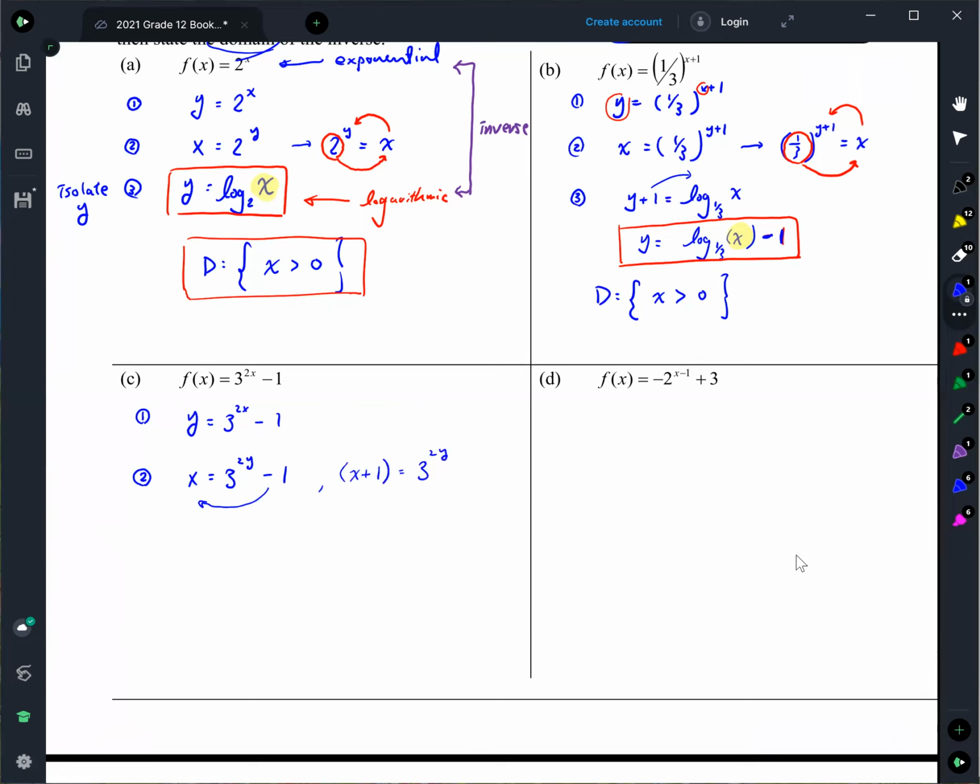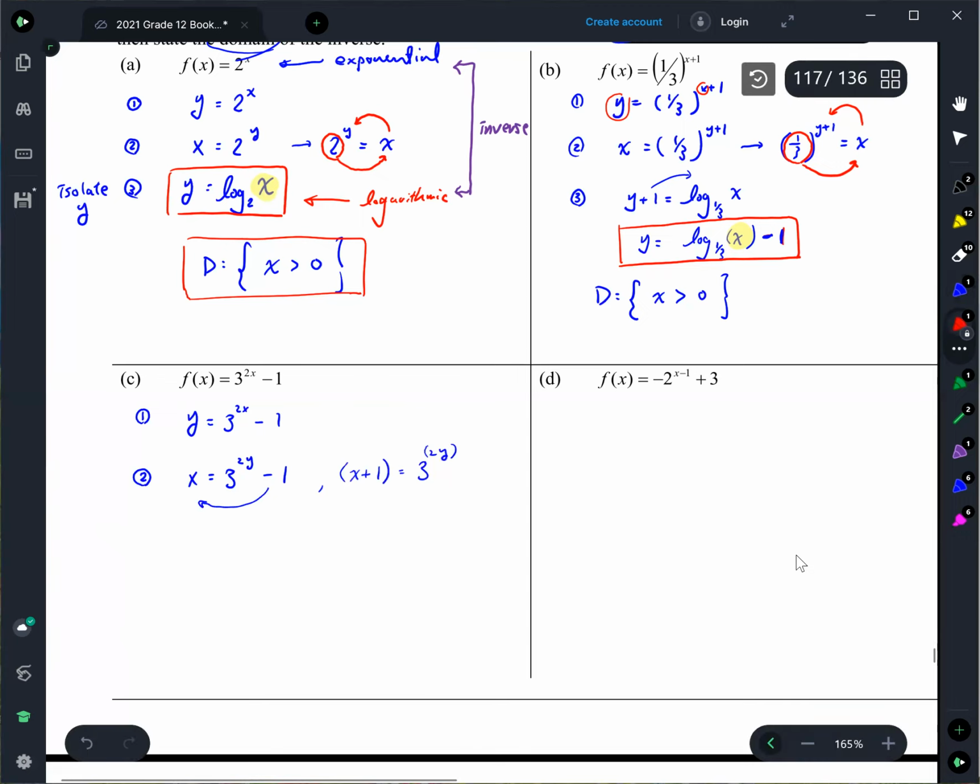So you have a base, you have an exponent, and you have everything else on the other side. Okay, so this is the very key step. Without doing that, you cannot do the counterclock. If you like, you can flip it first before you do the counterclock, or you can just do it in your head.